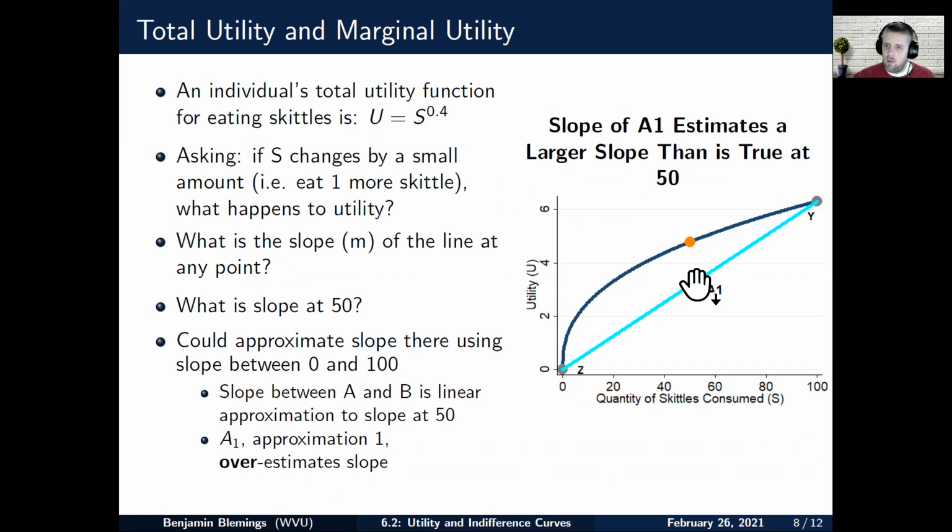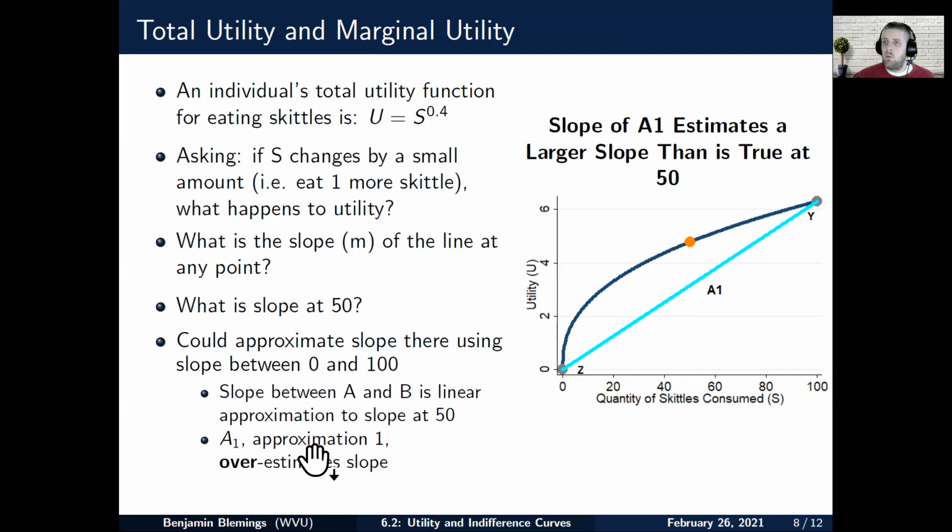Now you notice that A1 has a steeper slope than this point at 50, and so this approximation is only an approximation. It's not an exact measure of the slope at 50. It's steeper, so we're saying it's overestimating our slope right now.